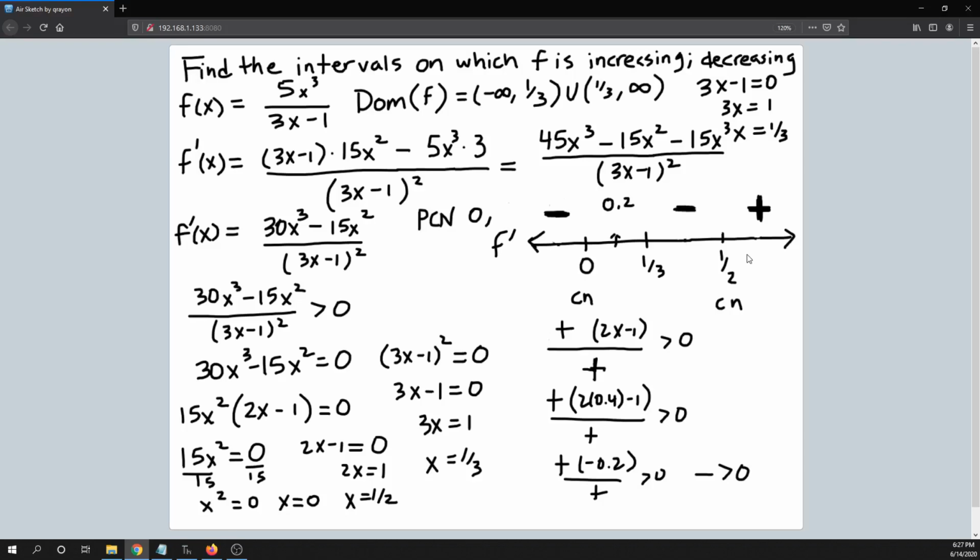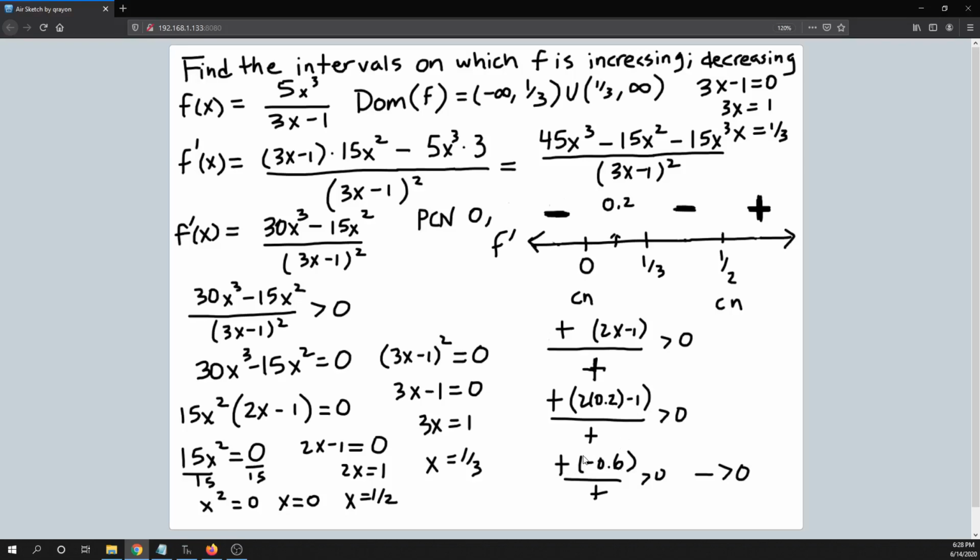Okay. And then lastly, I need to test this 0.2. So I'm going to basically do the same thing. I'm going to plug a 0.2 in here. When I plug in a 0.2, I get 0.4, and 0.4 minus 1 will be minus 0.6. All right, and so again, I'm going to have a positive and negative on top.